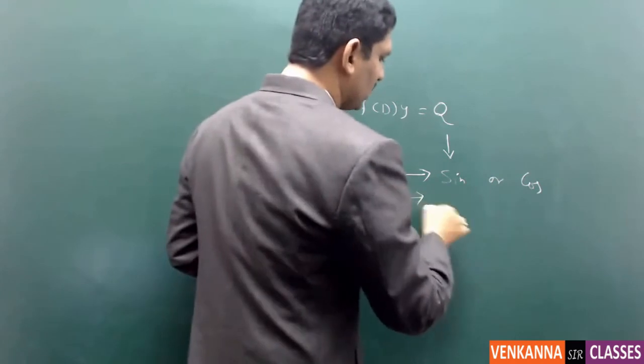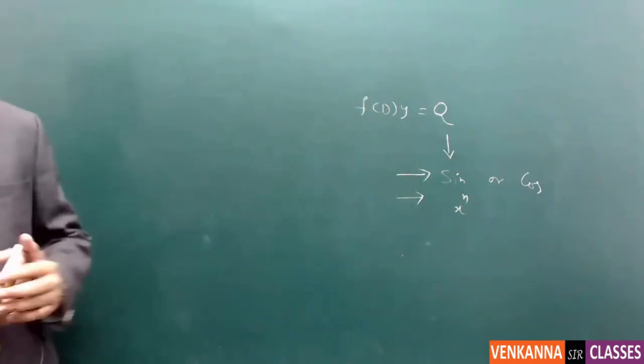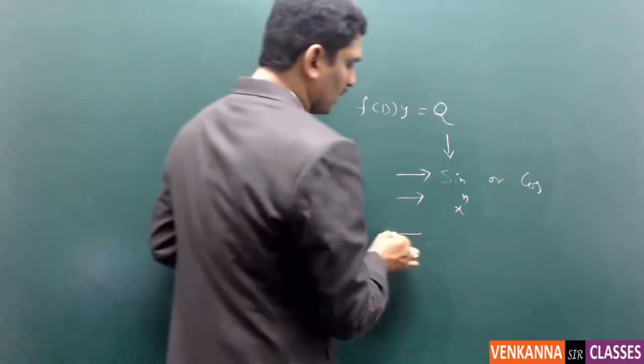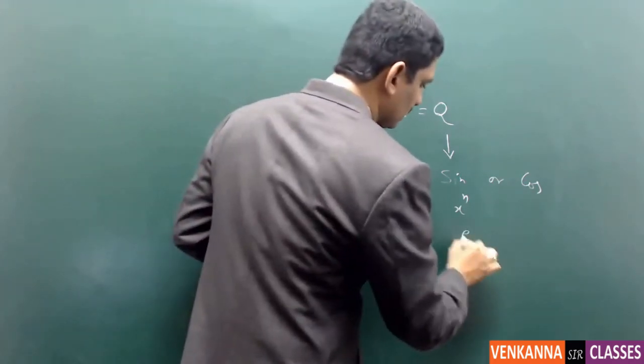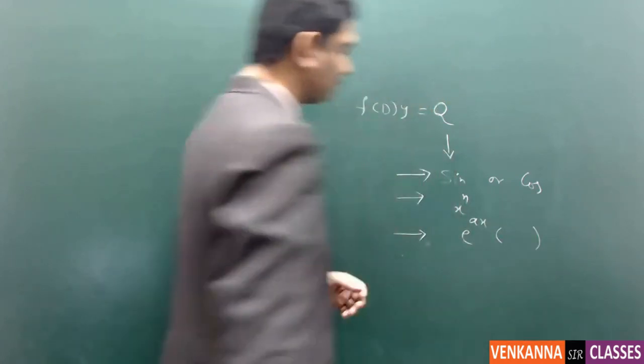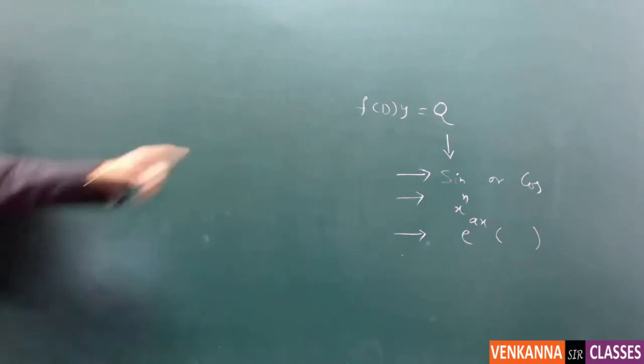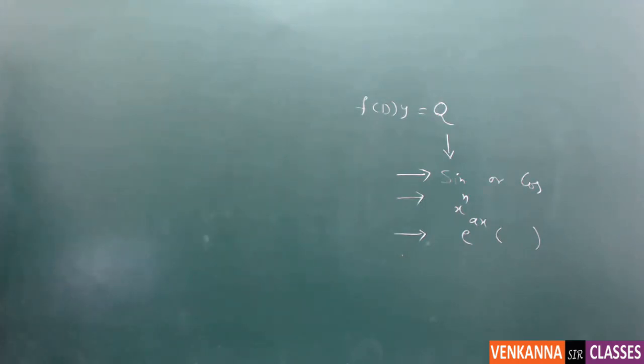If the right side function Q is of the form x power n, that is one, and the other one e power ax into some function. So we are going to discuss about these three models in today's session first. Okay? Is the module clear?